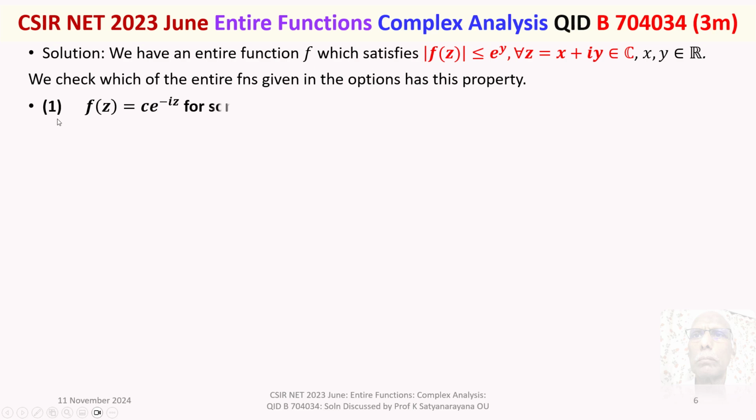Let's start with option 1: f(z) = c e power minus iz is an entire function, obviously, for some c belonging to the set of complex numbers with mod c less than or equal to 1. We will check whether this function has the given property.